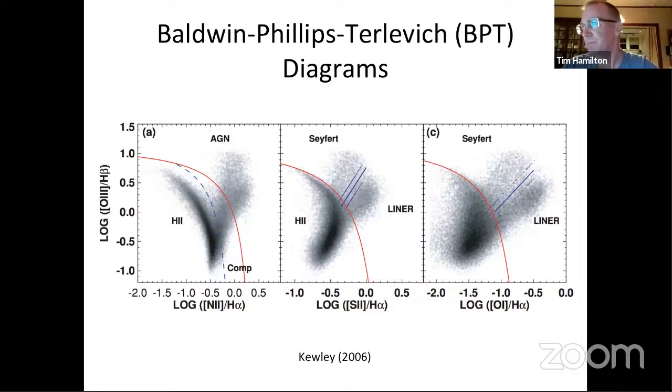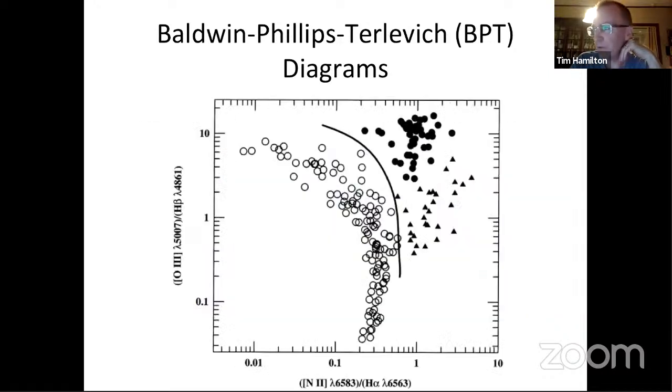Okay. Now, before I explain what these are, why do we choose these lines over others? In fact, I didn't really even explain it for the first diagram, the original BPT diagram. You see, if you take a look at the wavelengths, you notice that the O3 and the H beta here, 5007 angstroms and 4861, they're in the same part of the spectrum.